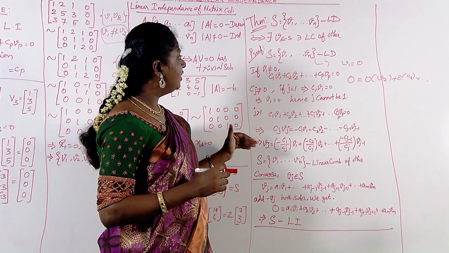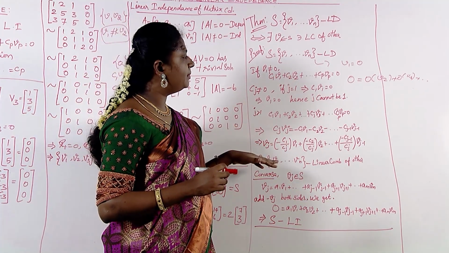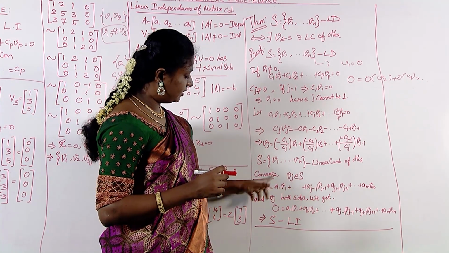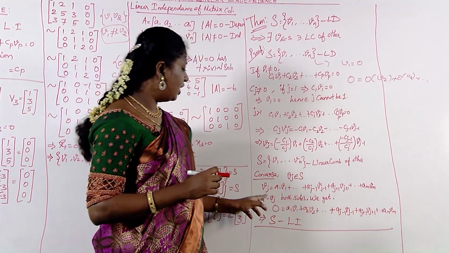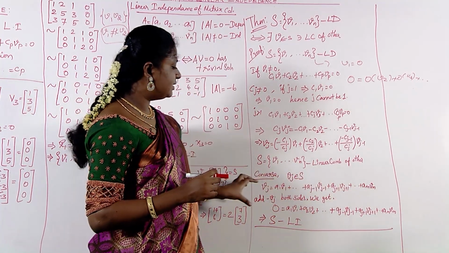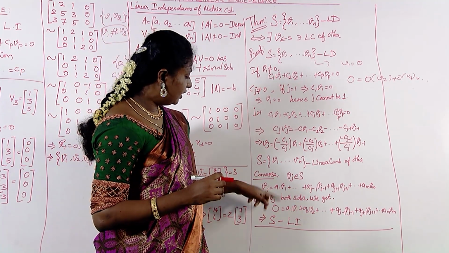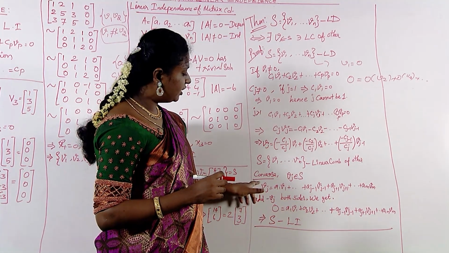Now, the next part. We are going to assume that there exists one Vj that is a linear combination of the preceding vectors. That is what we have assumed, we have taken that vector to be Vj, and we have written it as a linear combination. So, now if you bring all the terms to one side, and you have 0 on the other side, right. If you bring this Vj to the other side, what is the coefficient of Vj?